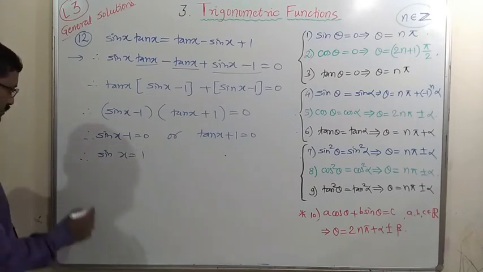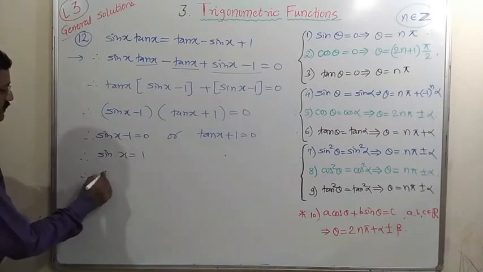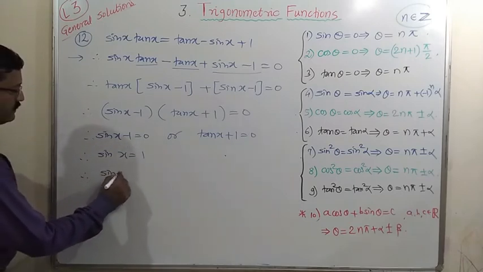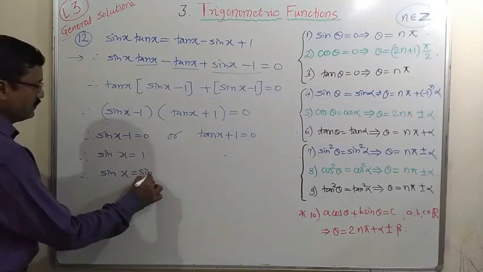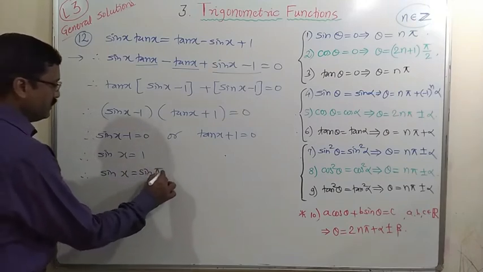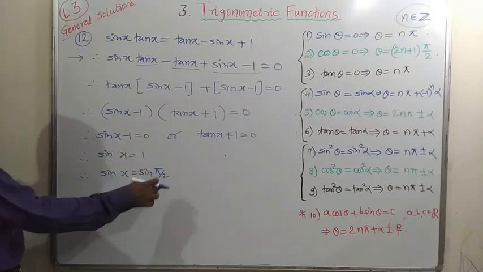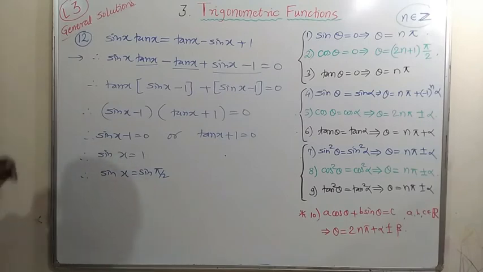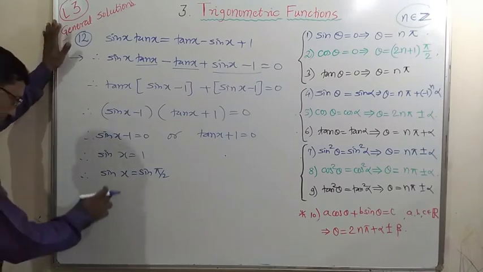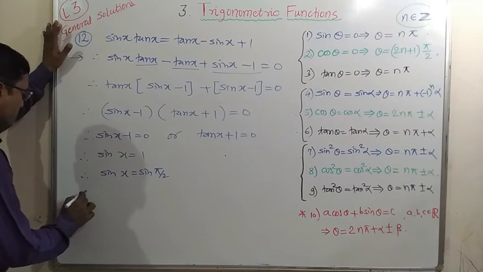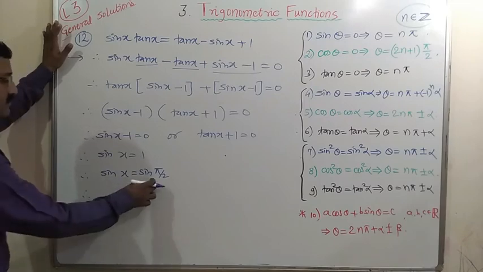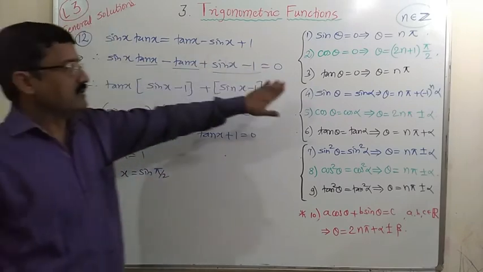For which angle is the sine ratio 1? It is for sin x equal to sin pi by 2, because sin 0 is 0 and sin pi is 0, sin pi by 2 is 1. This is the smallest angle for which sin x equal to 1. So sin x equal to sin pi by 2. Therefore sin x equal to sin alpha. Now use result number 4.